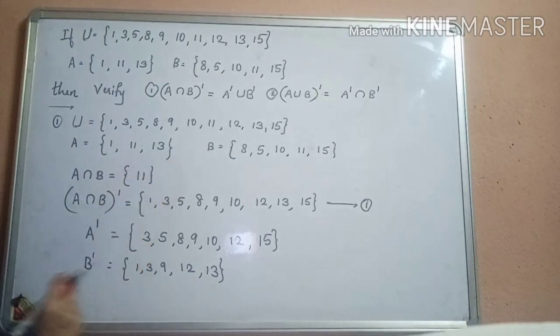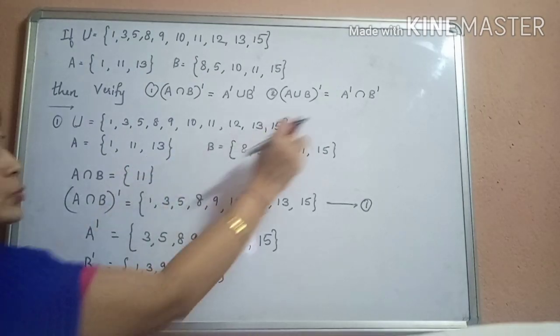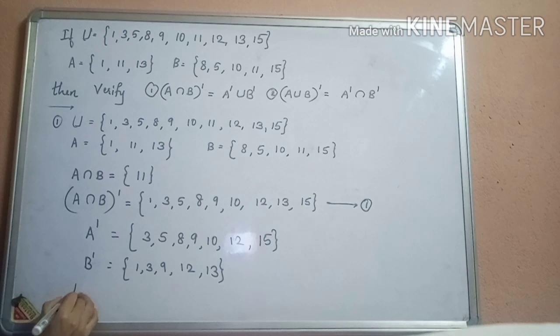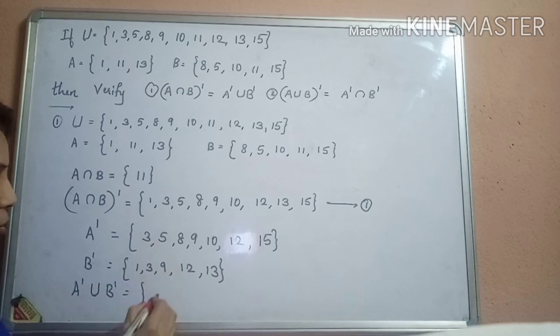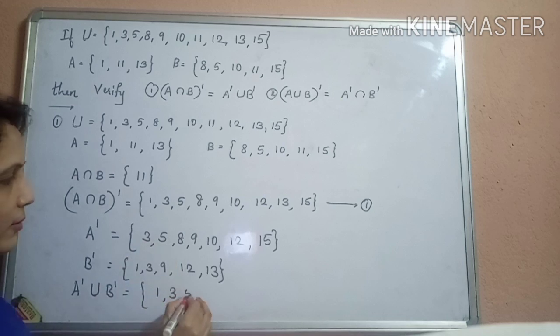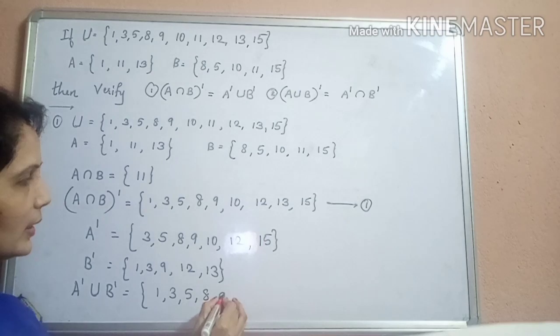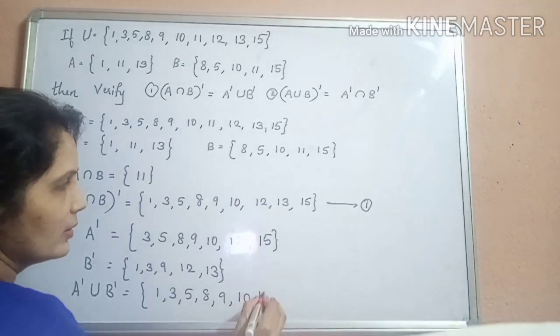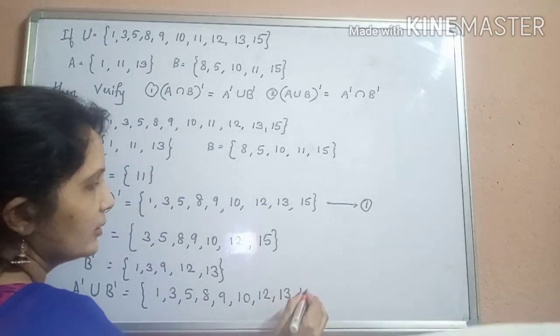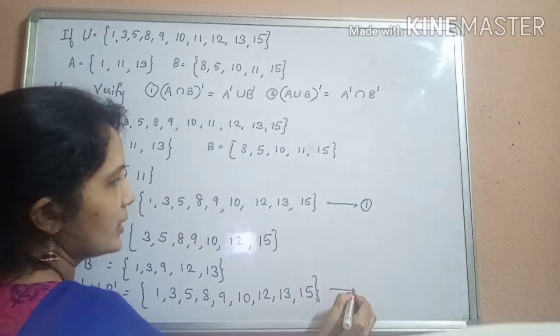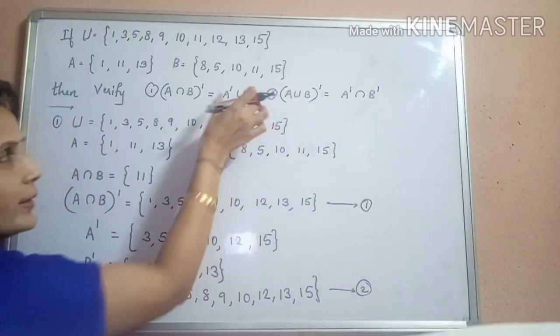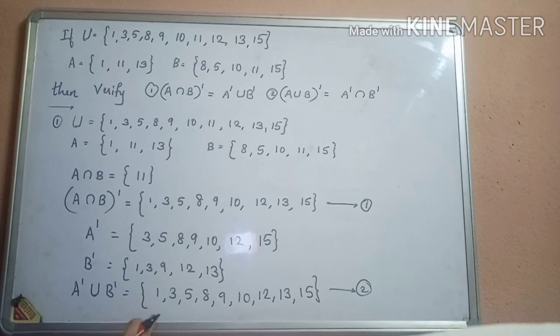Okay. Now I will find out the union between the two. See, union of A complement and B complement. Union means all together. So 1, 3, 5, 8, 9, 10, 12, 13, 15. This will be second. I got my RHS. Now I will compare.